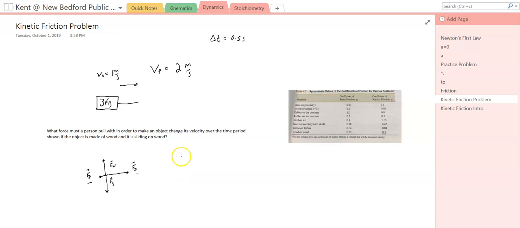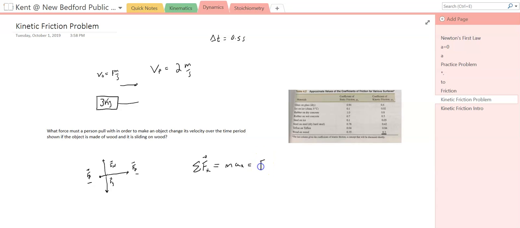We know that we want to accelerate the block in the x direction. So we know that the sum of the forces in the x direction is going to be equal to the mass of the block times its acceleration in the x direction, right? And that's equal to the sum of these forces in the x direction.